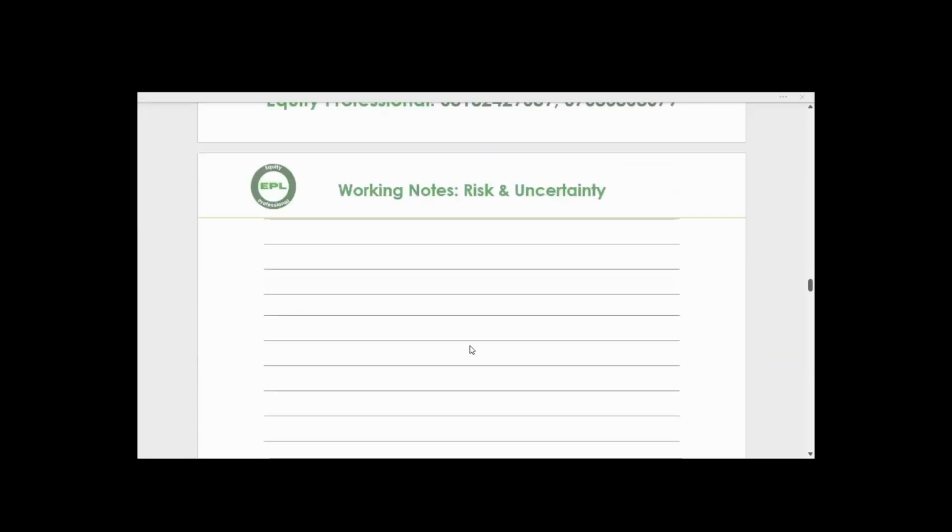Let's talk about simulation. So what do you mean by simulation? Simulation is one of the methods of mitigating risk that relies heavily on random numbers. Let me put it down for you.